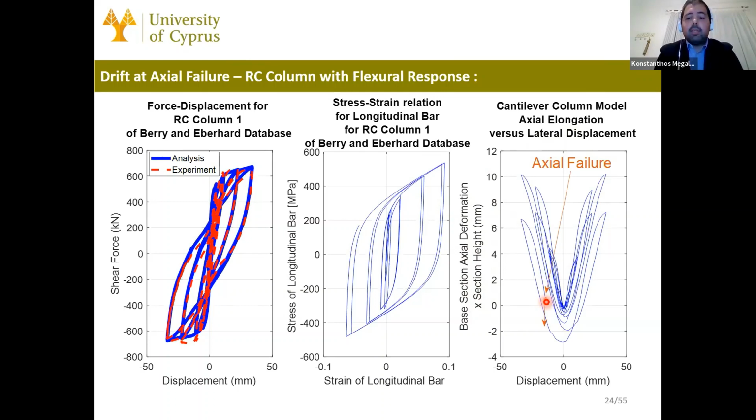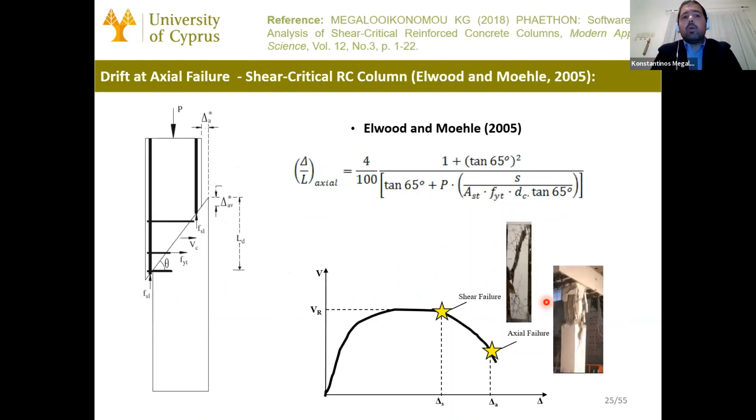But what happens with shear critical columns? Then we adopted the equation of drift at axial failure from Professors Elwood and Mele, and how they define that is they define a shear crack of the column after shear failure, and the upper part of the column slides upon this crack, and by equilibrium of forces from the two parts, you can define the displacement at axial failure.